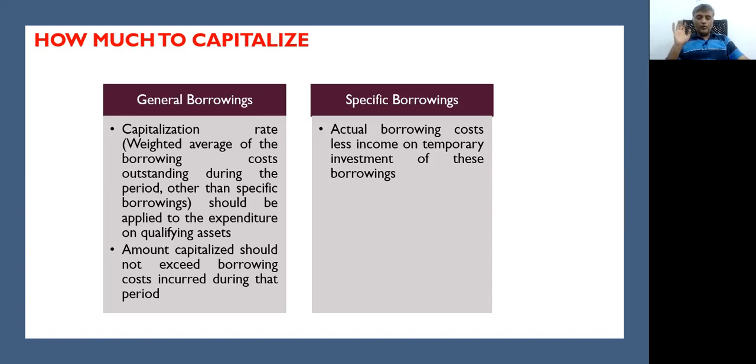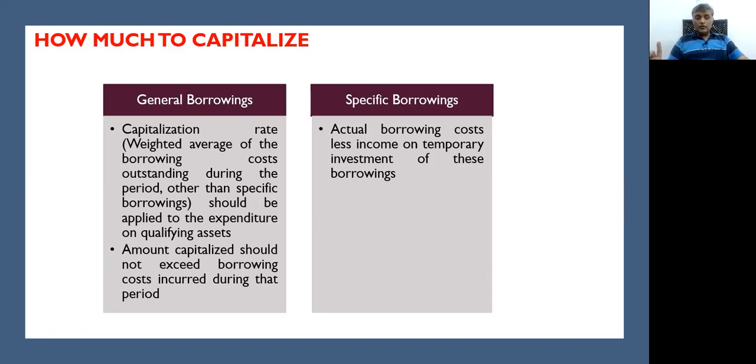Let's take from SBI you've taken a loan, from Dena Bank you've taken a loan, from Punjab National Bank you've taken a loan. 3 different loans you have taken, and you are not attaching any specific property or asset to a specific borrowing. So you may use these borrowings for a very high level generic purpose. These are called general borrowings.